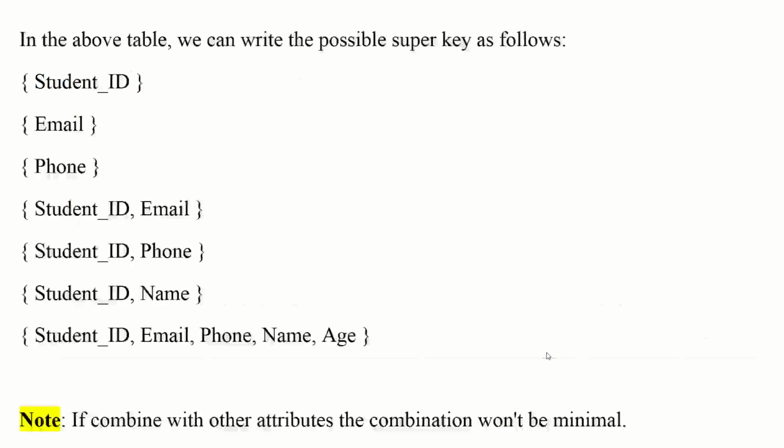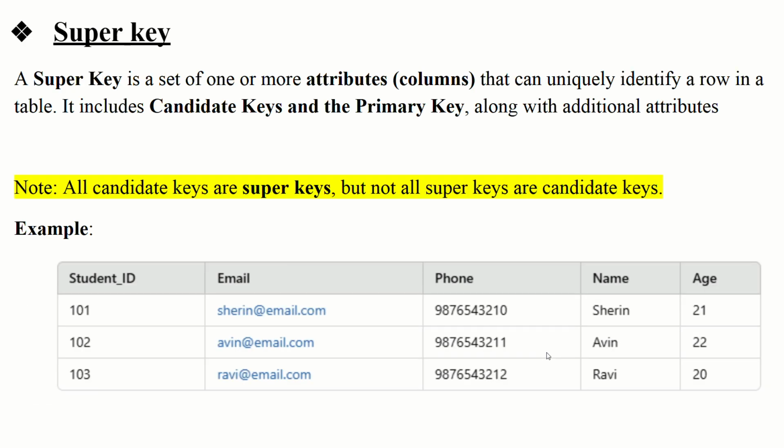If I have the student ID and age, I can uniquely identify Sharon, which means a primary key can combine with non-prime attributes in order to uniquely identify a row.